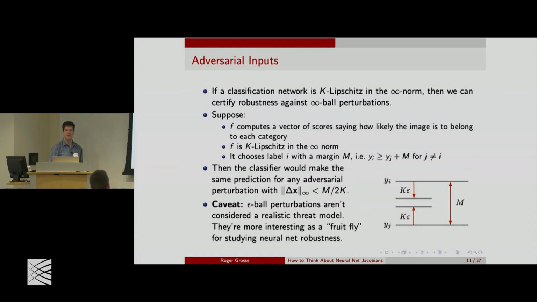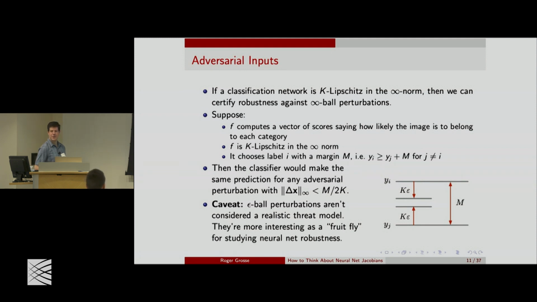Mathematically, the guarantee it would actually give us is this. Let's say that we make a classification with a large margin. The network outputs a score for every potential object category, and there's one category i that has a much larger score than the others. So y_i is larger than y_j plus m for every other category j.